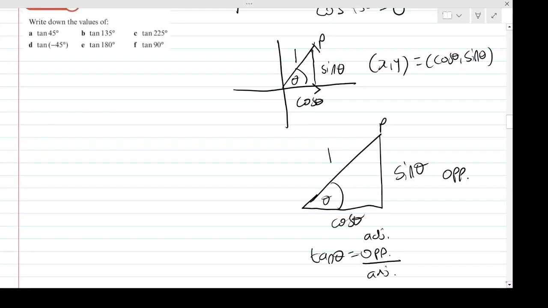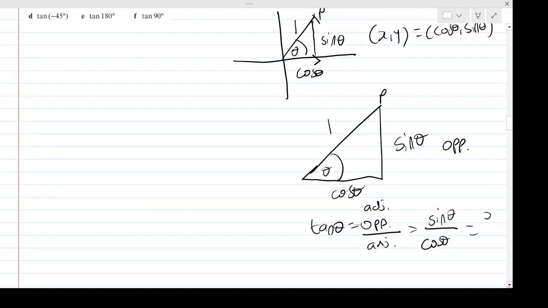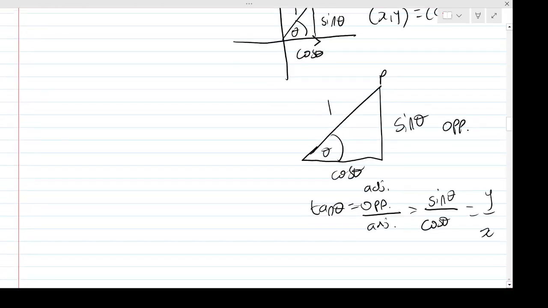But actually, the opposite part is sine theta. And the adjacent part is cos theta. Or we could just say it's the y over x, sorry. So if we find our y and x coordinate, we can say that tan theta is y over x, right? But if we can find the angle, then we can also find it that way.